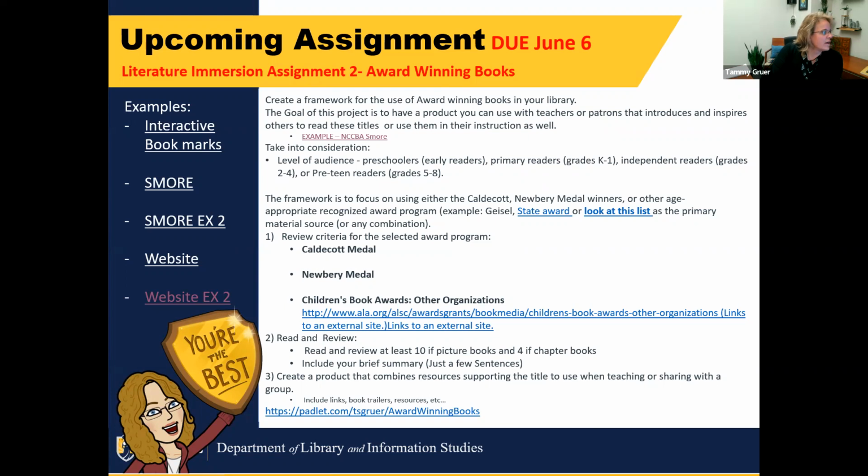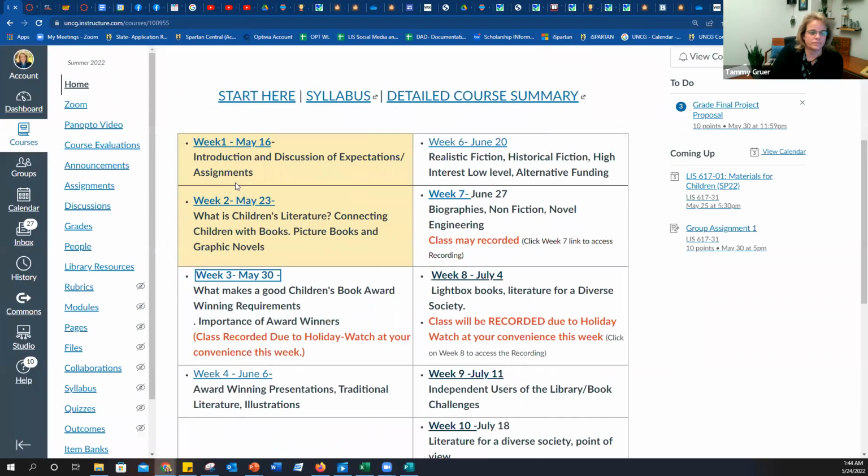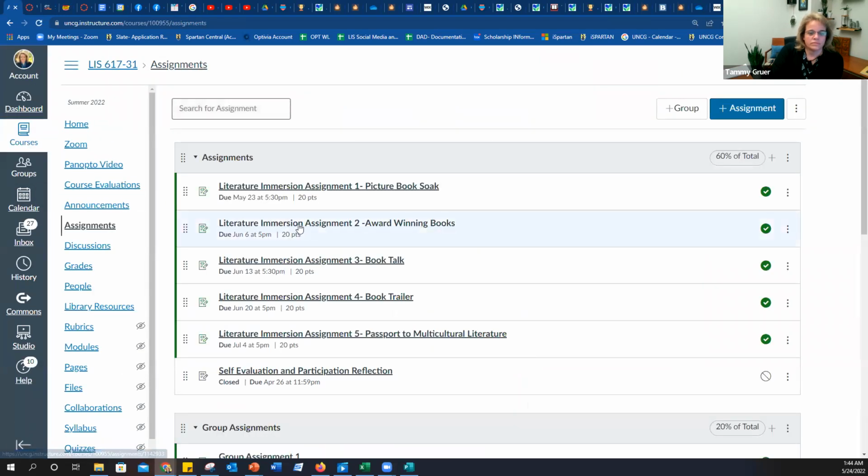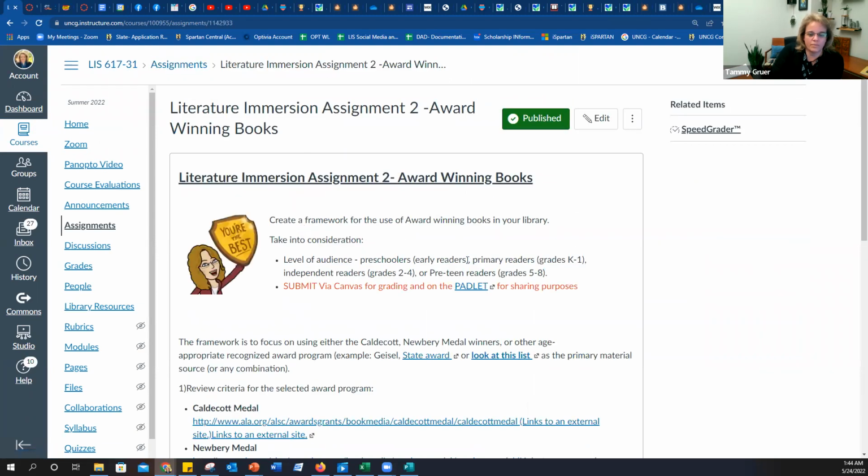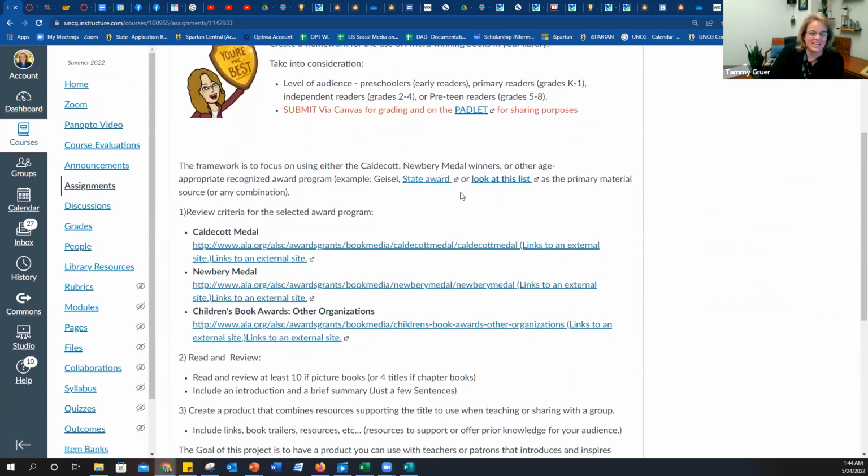If I were to bring up our assignment for that, let's just navigate there. You'll notice when you click on the award-winning books, it gives you a Padlet to put it on. I'll need it in Canvas and on Padlet for sharing out purposes.